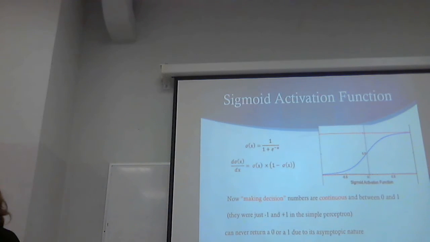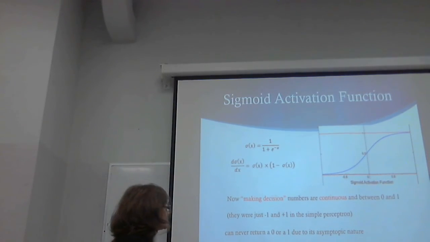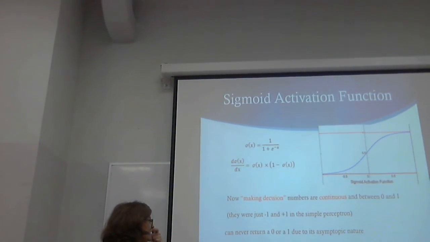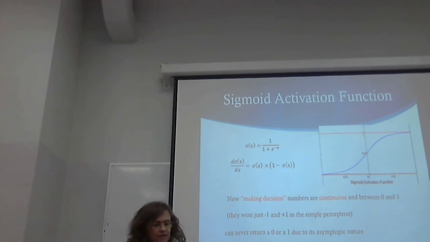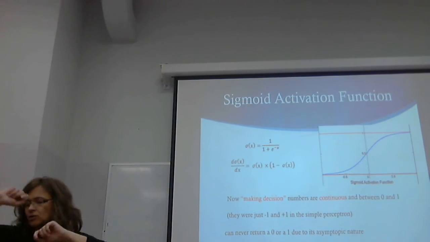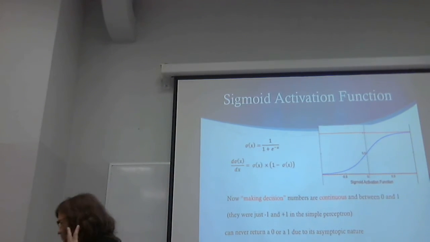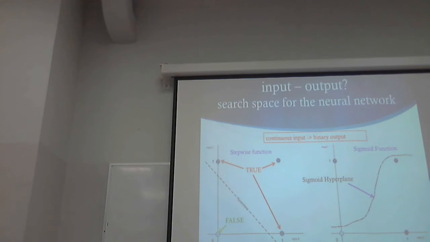Again, a nice mathematical thing. It's a continuous function. So now you can vary your threshold. You can say, okay, I activate my neuron over a threshold of 0.9, or over a threshold of 0.75.